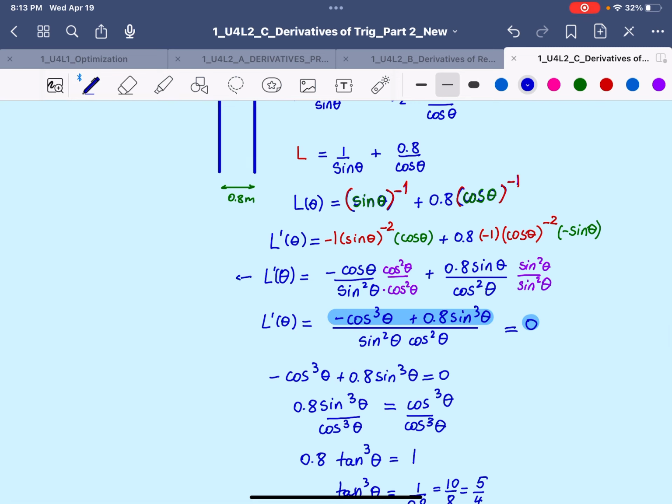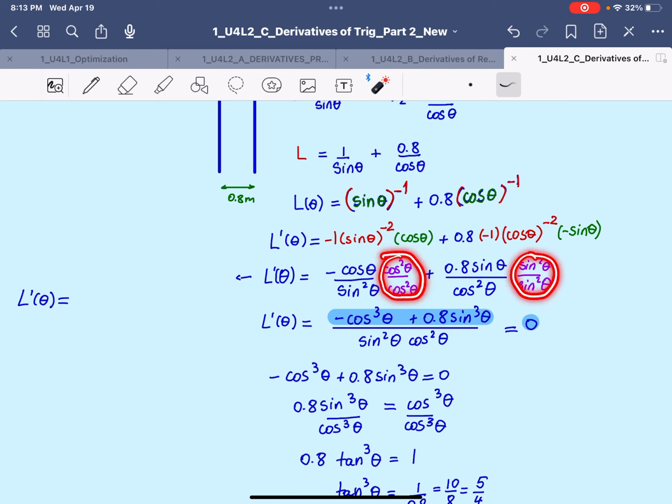So we have L prime theta equal to, as you can see in here, we multiplied by sine squared over sine squared and cos squared over cos squared to combine them, but the derivative was negative cosine over sine squared.